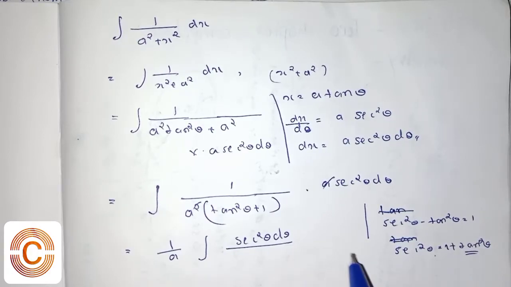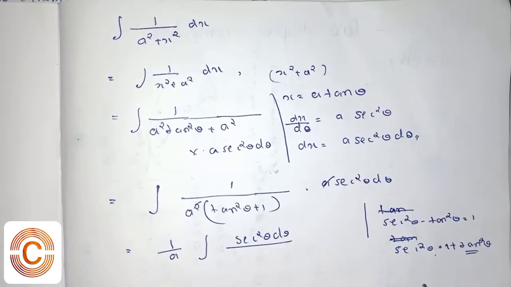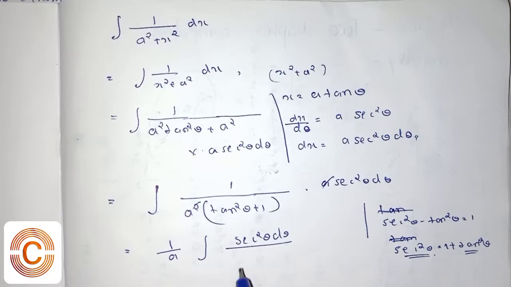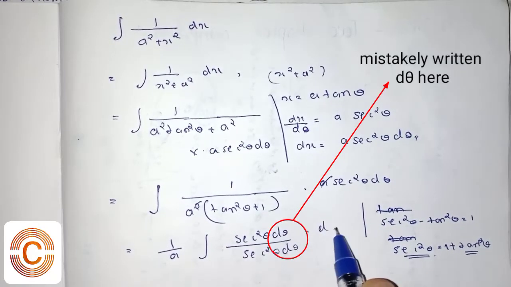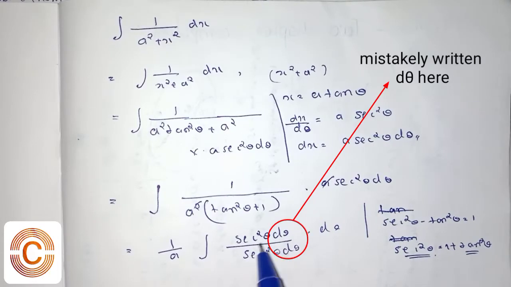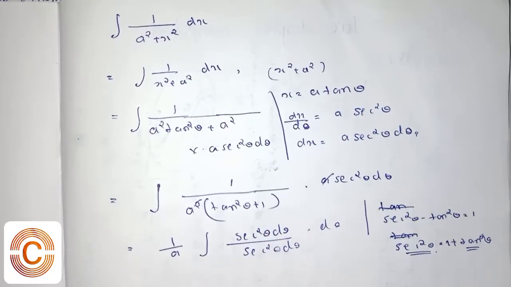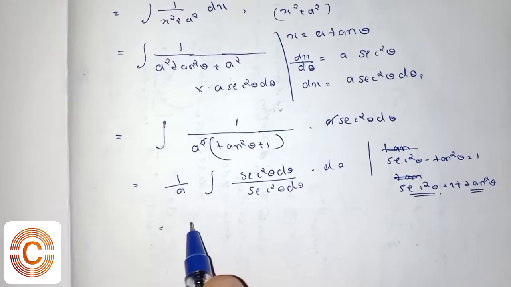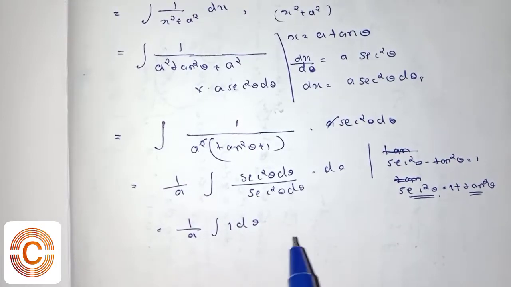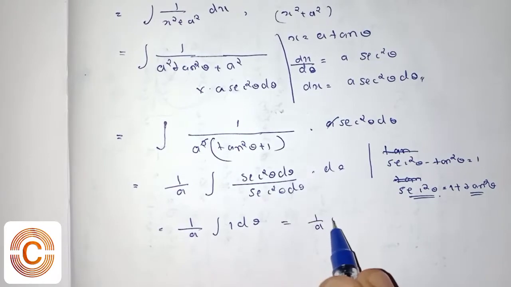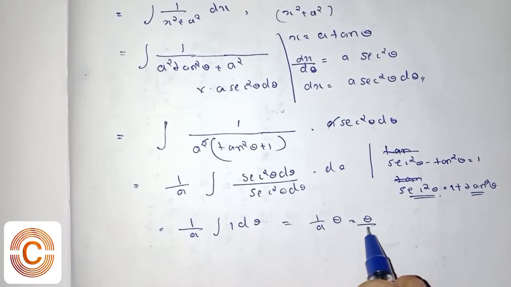Therefore tan square theta plus 1 is equal to sec square theta. Note here that the numerator and the denominator are the same. Therefore the solution is 1 by a into the integral of 1 d theta, which becomes 1 by a into theta, or theta by a.